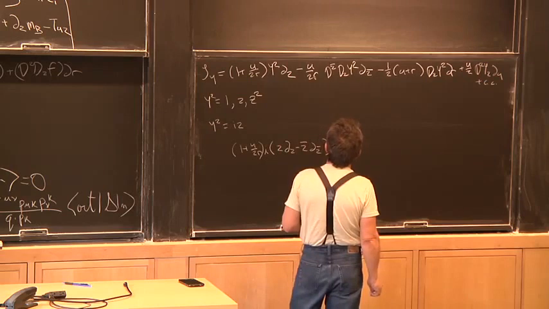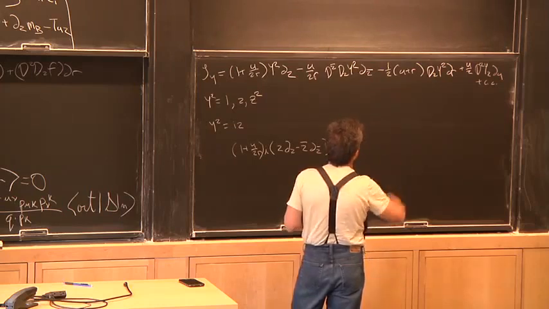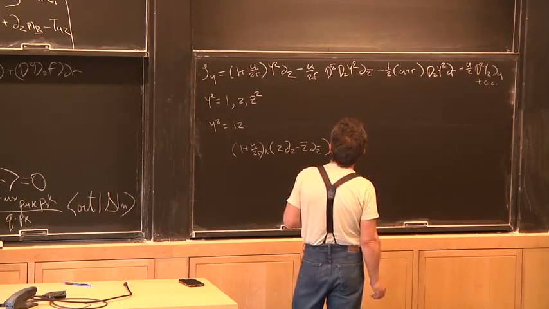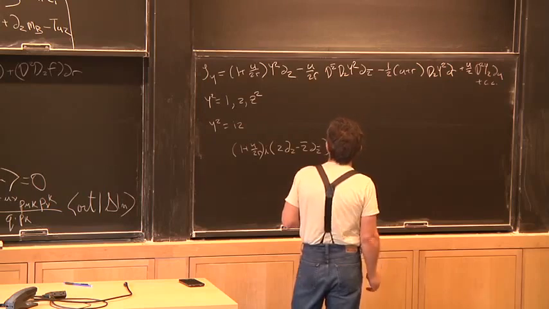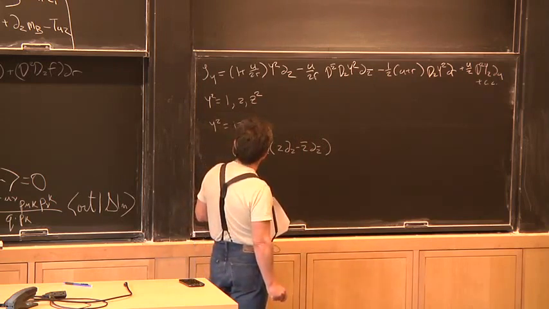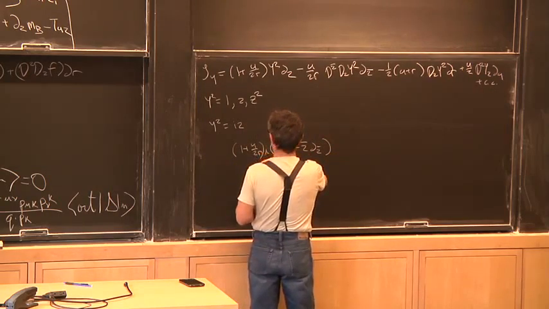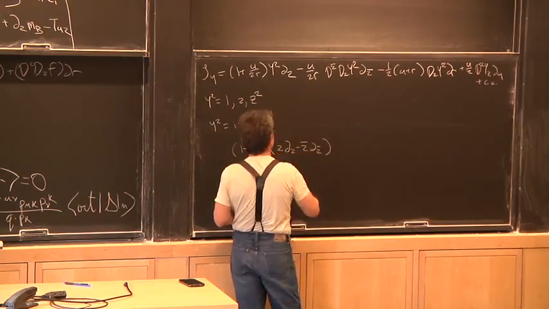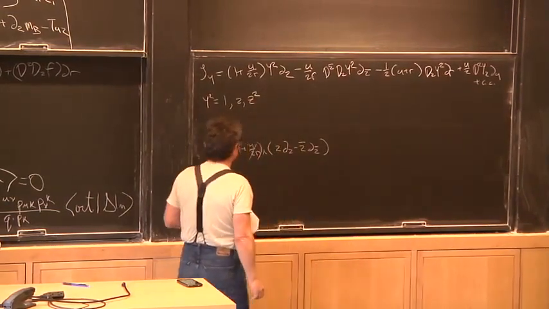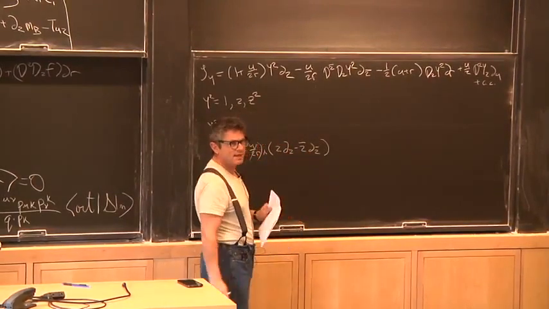And all the rest of these terms vanish because the divergence of y is 0. They cancel with the complex conjugate. Actually maybe this one cancels with that one. Yeah, I think this one is going to cancel with that one. So in this case we just have rotations, phase rotations about the z-axis.